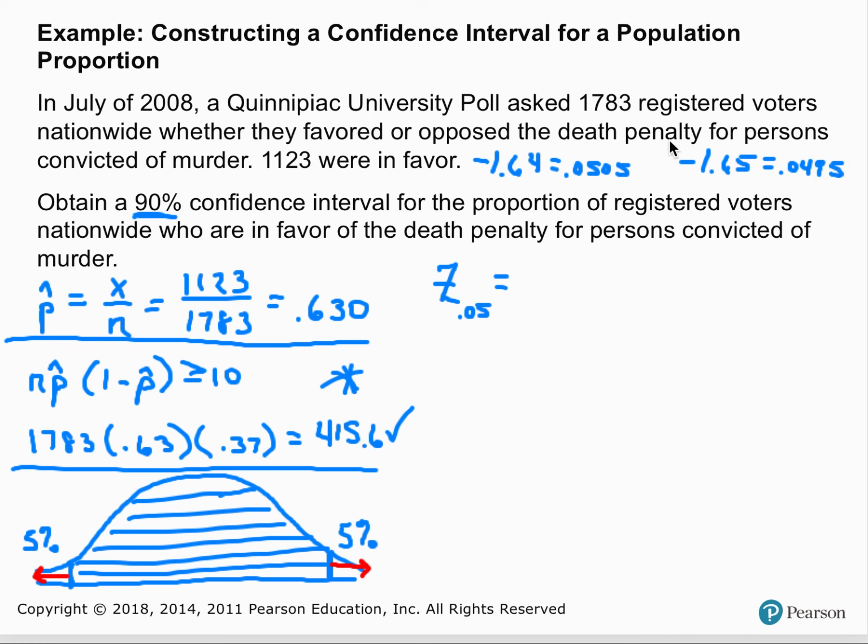I wrote both of these up here because it's halfway. If I just had one that was closer, I would just use that value. But it's exactly halfway from what I need.